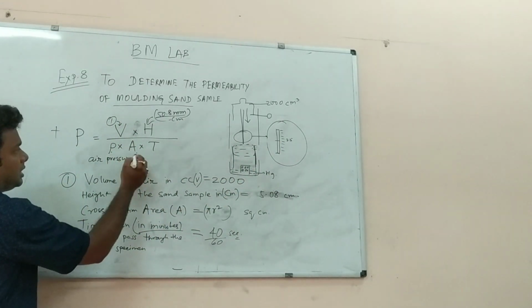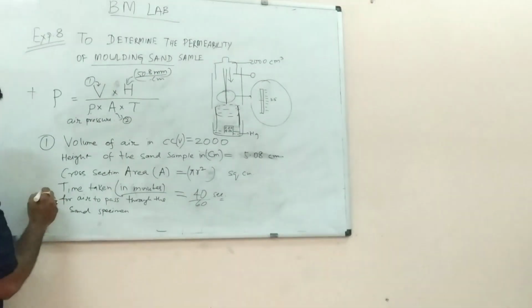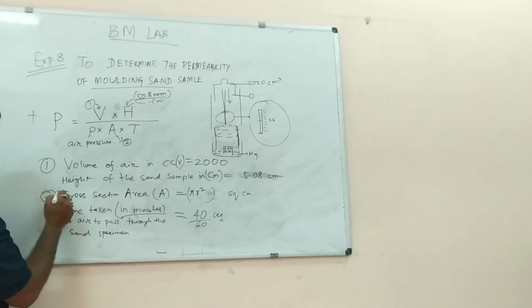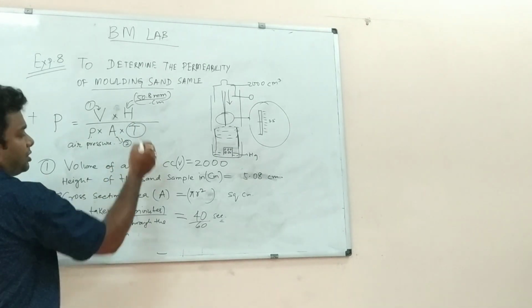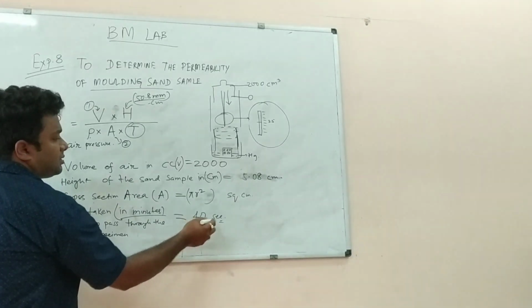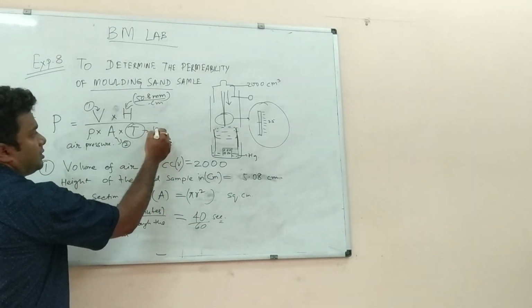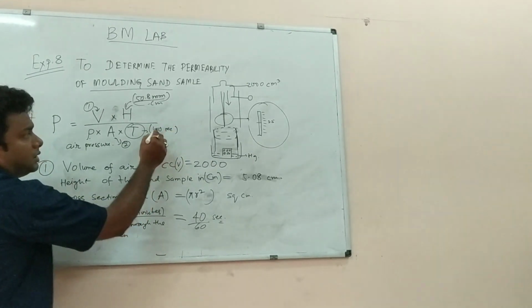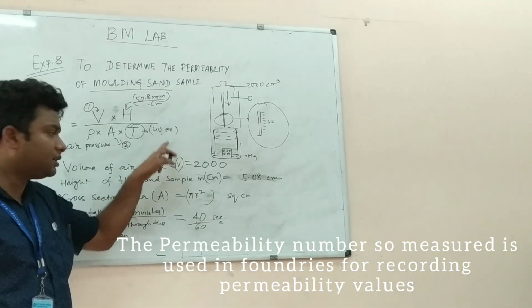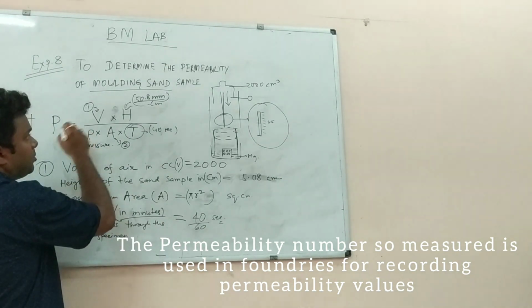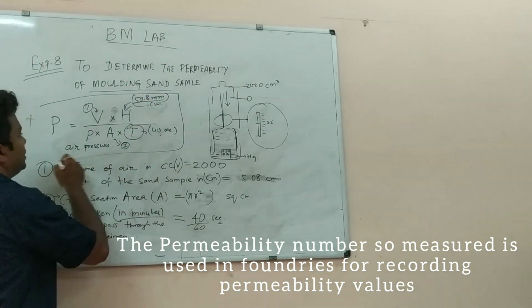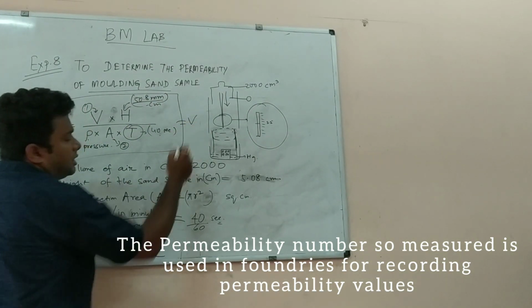Then the cross section area, which you have already found out, and the time required, which is approximately 40 by 60 minutes. You have to convert 40 seconds into minutes and use it in your value. So by using this formula, you can calculate the permeability number.